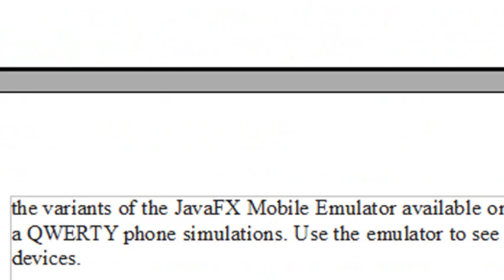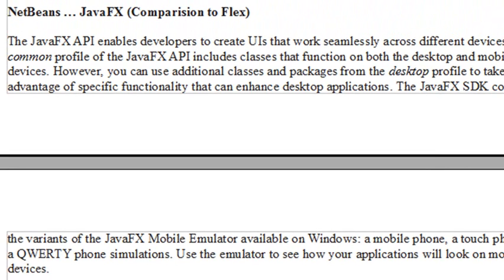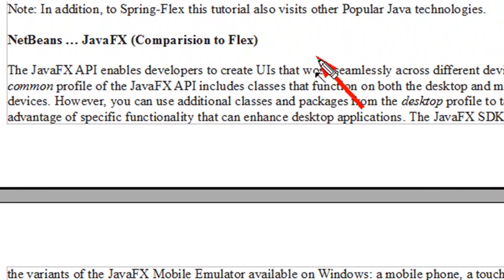But I also want to mention there are some other things that we're going to be pulling out here. We're not just going to be doing Spring Flex. It's not just a tutorial about that, but we'll be pulling out popular Java technologies and putting a magnifying glass on them, making sure you get the basics, so when you see something, you don't say, hey, where did that come from? What I'm really interested in doing is a comparison of JavaFX with Flex.